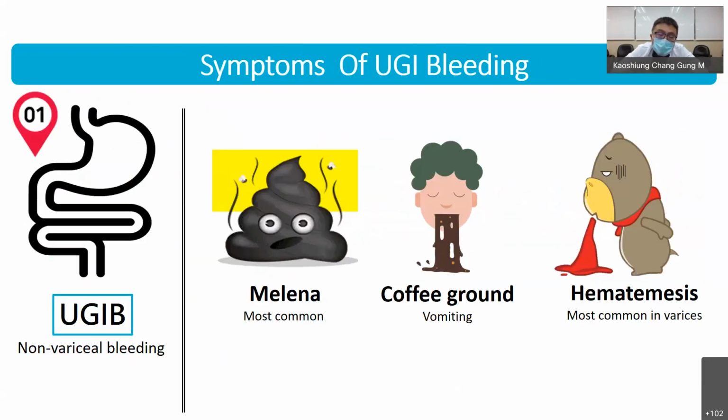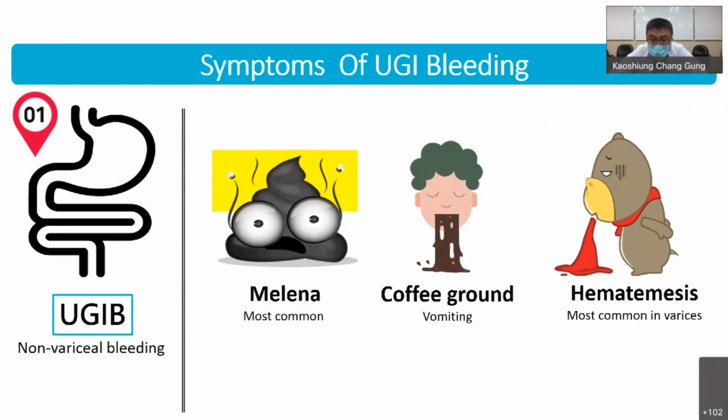Okay, let's go on to the most important part of our topic: non-variceal upper gastrointestinal bleeding. In these patients, the patient will present with melena, coffee ground vomiting, or bloody vomiting.